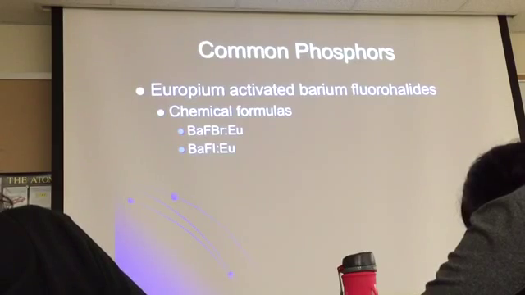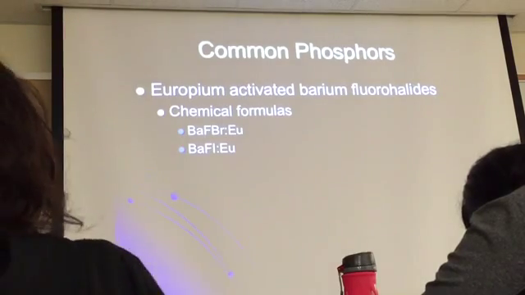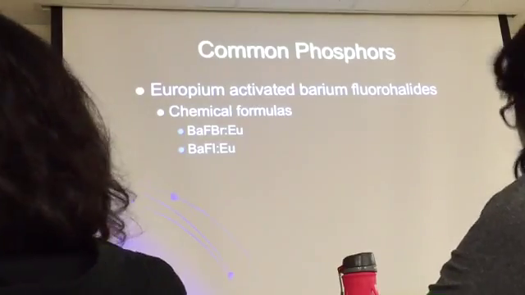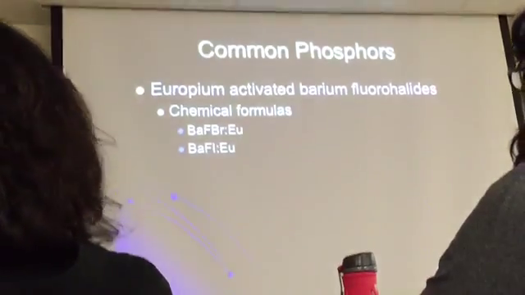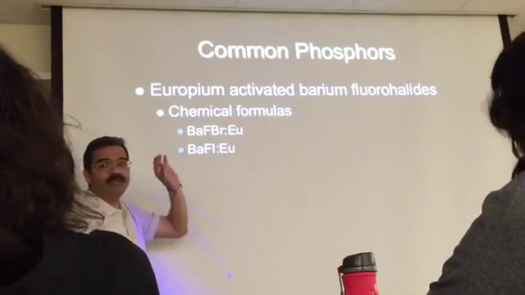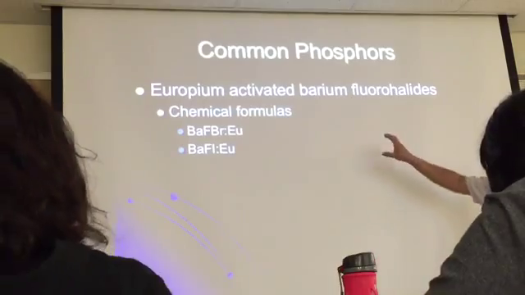And this is a compound, right? Barium fluorobromide, europium activated. But the active ingredient of this formula is going to be here. That's what is going to make it glow eventually.